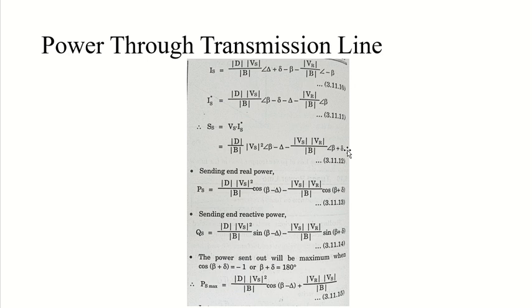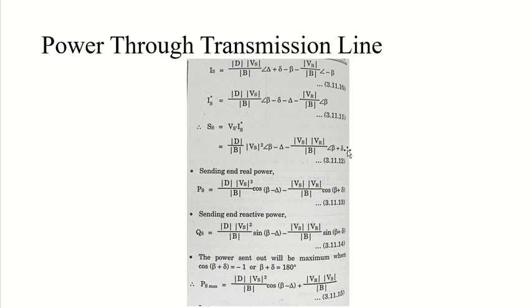And to find the real power or active power at sending end, again we will take the cosine of the angle which we had in the calculation of apparent power at sending end. So by taking cosine, the numerator part will remain as it is, D into Vs square divided by B. And instead of the whole angle beta minus delta, we will here have cosine of beta minus delta.